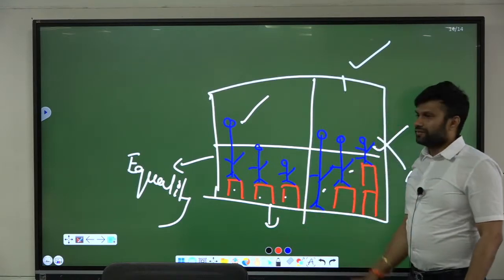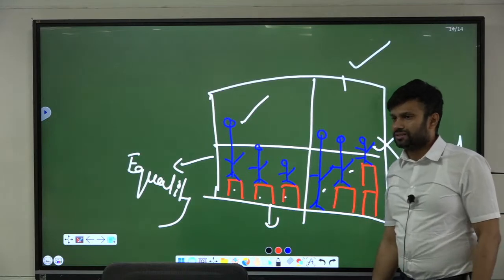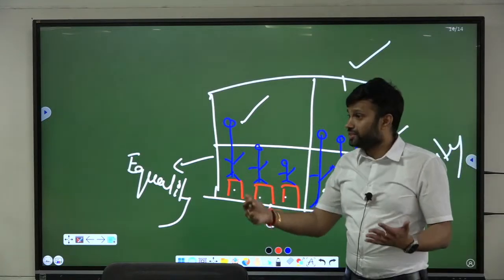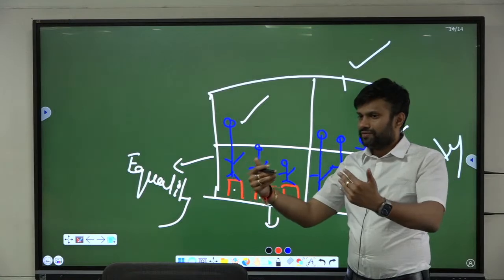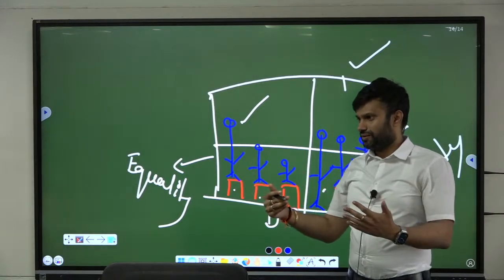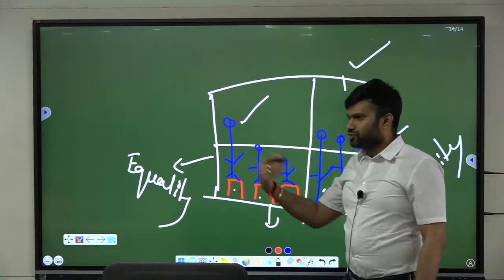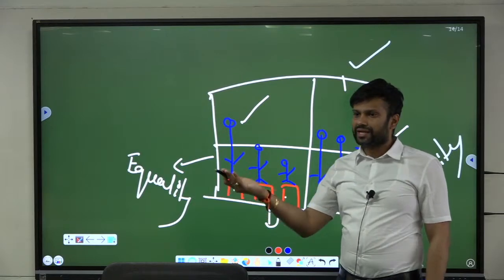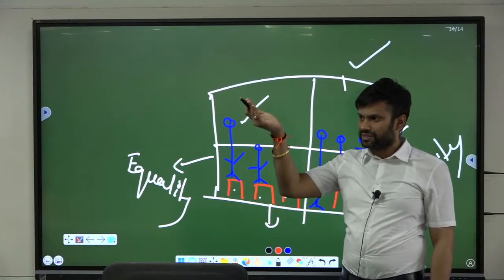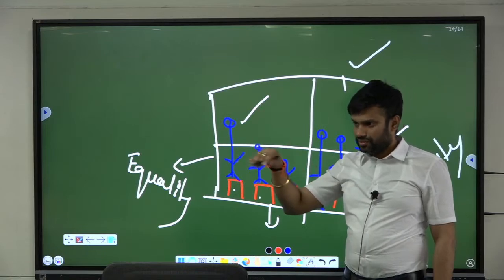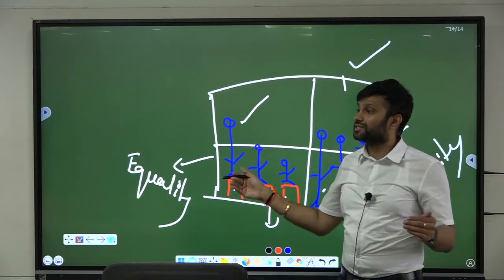But here they believe that even though it is natural, we as a society say all for one, one for all. So we believe that society will only grow when we are able to uplift the weaker section. At least you have to ensure everybody is at the same starting point.